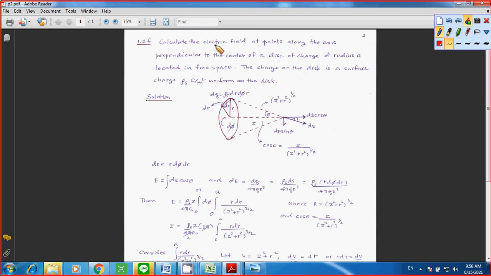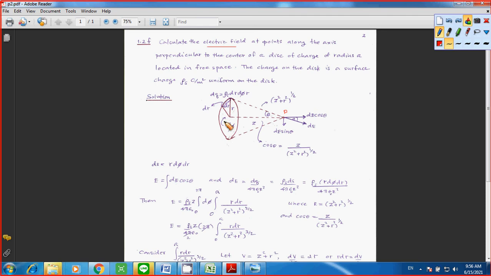Okay, as you calculate the electric field, let's call this point P. What is the total electric field going to be at this point?